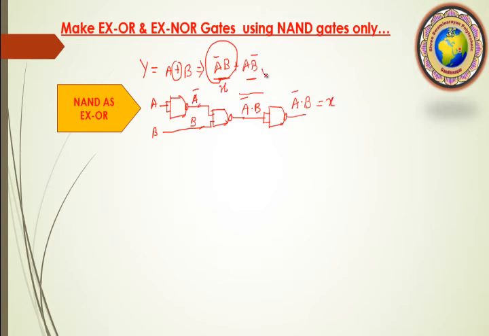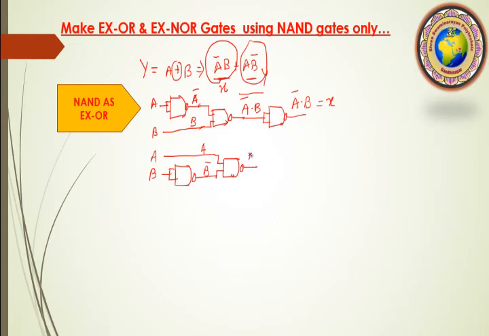Now in the same way I want to achieve this Y. So same procedure: I take A directly, then B is B bar, so B inverted, and here is B bar. Then it will be multiplied, so I use one more gate here.